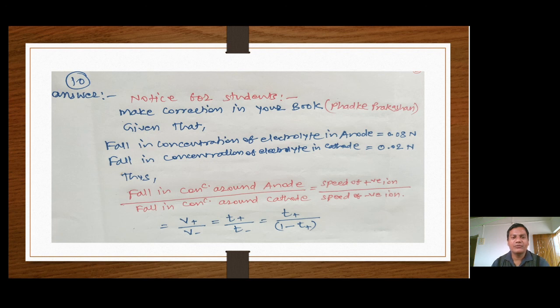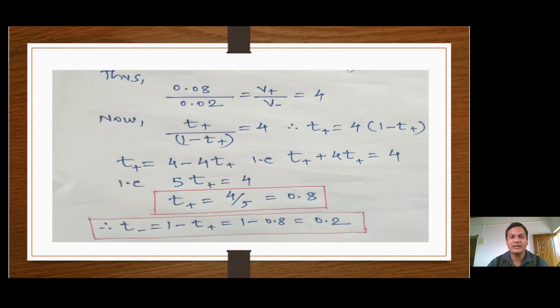So put the values for fall in concentration around anode and cathode, and calculate like this. It is 0.08 upon 0.02, that is equal to V plus upon V minus, that is equal to 4. After division you will get 4. Now T plus upon T minus, for which you can write 1 minus T plus, is equal to 4.